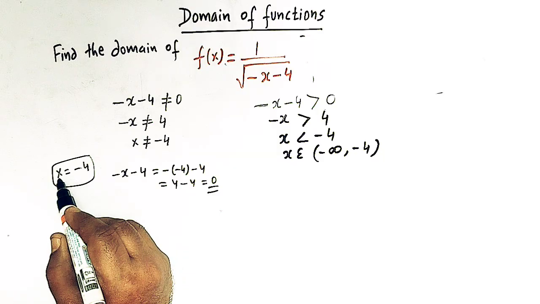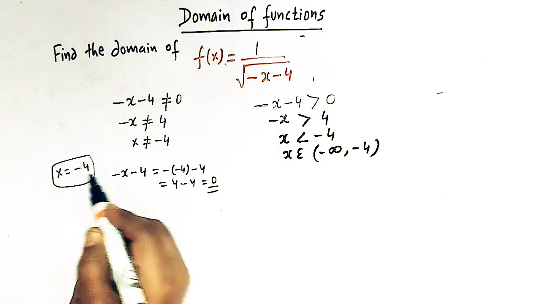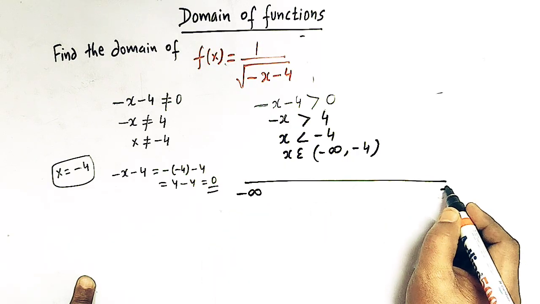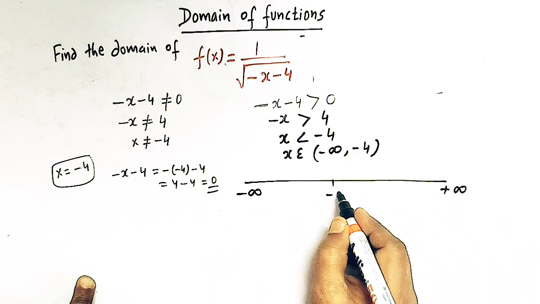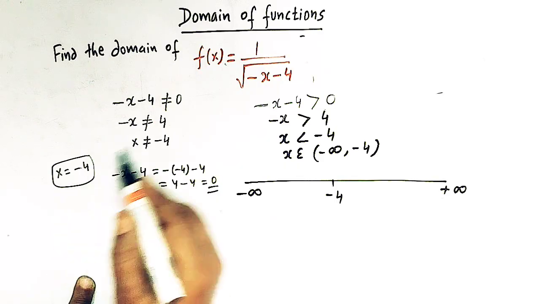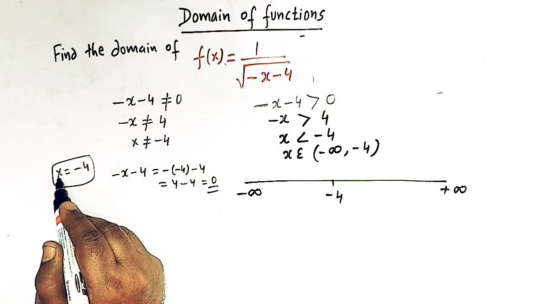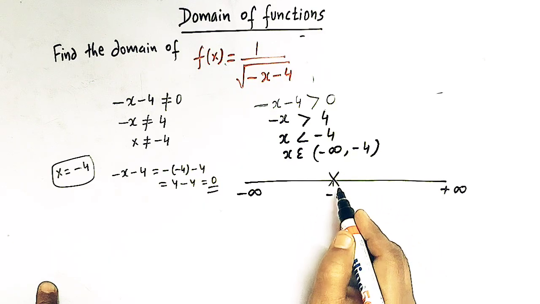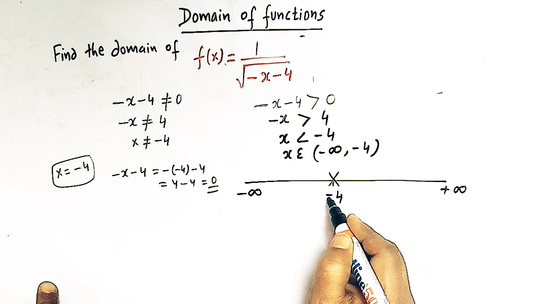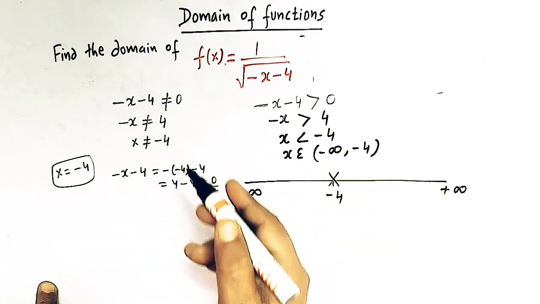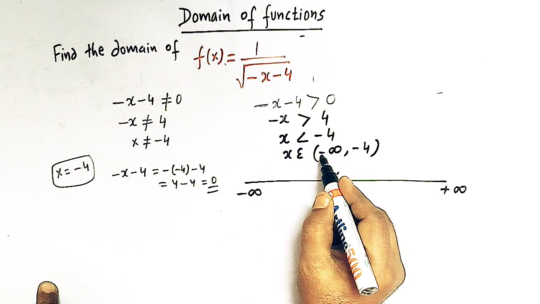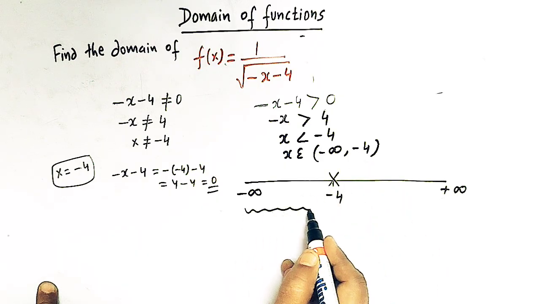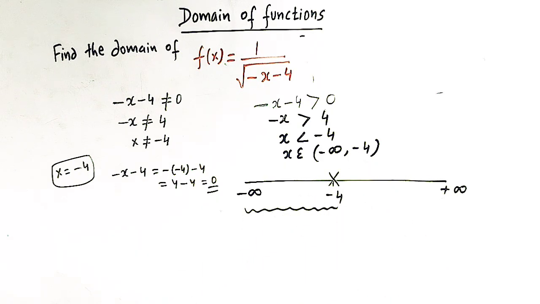So let us now represent this interval and this point, that is minus 4, on the real number line. So here we have minus infinity, here we have plus infinity, and here we have minus 4, right? So as we have just explained that x cannot be equal to minus 4, so we have to discard this number, that is x is equal to minus 4, from the domain of f of x. And here this interval minus infinity to minus 4 may be represented like this.